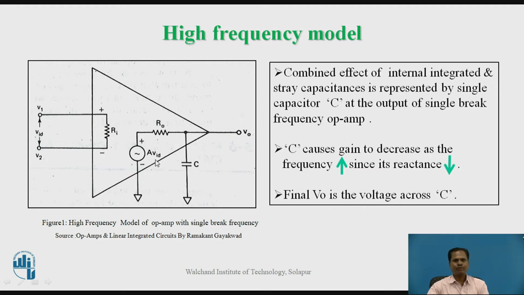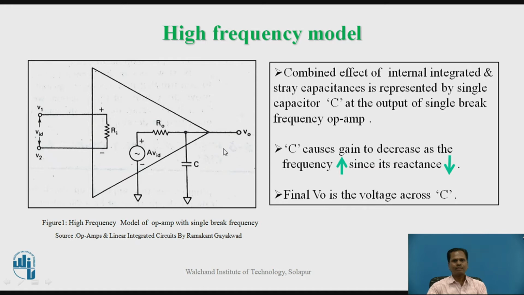This output voltage caused by the input voltage is applied to the series combination of the output resistance Rho and the compensating capacitor C. The voltage appearing across capacitor C is the final output voltage of the operational amplifier, VO.